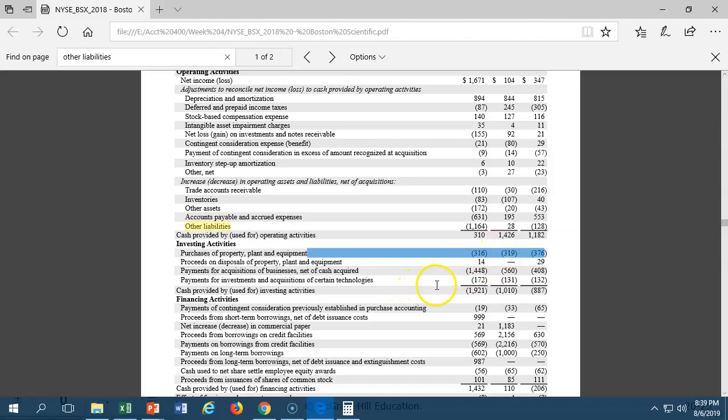Payments for investment and acquisitions of certain technologies. Historically they're also paying for certain technologies. The question I would ask is whether that's part of their ongoing research and development. Are they always going to need to acquire certain technology? If so, they need to factor that into their budgeting and overall business plan.